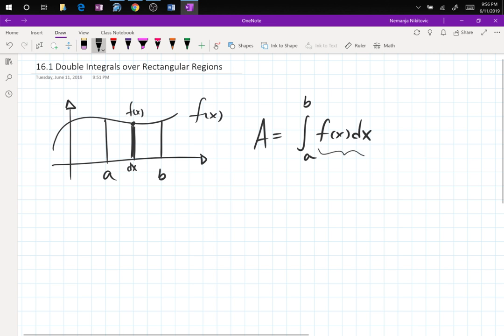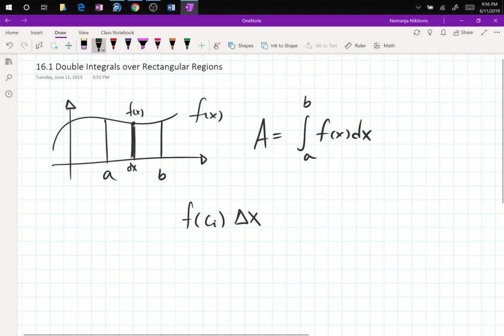So technically what you have here is the height times the length, which is the area of the rectangle.